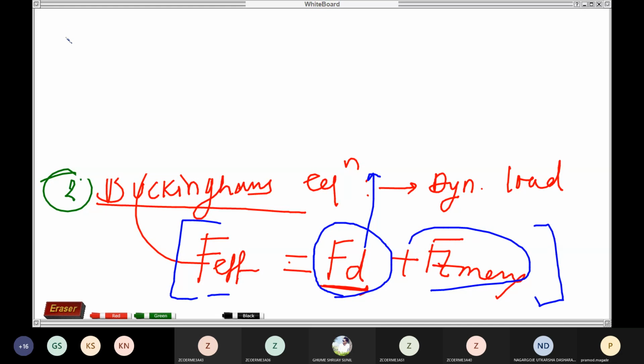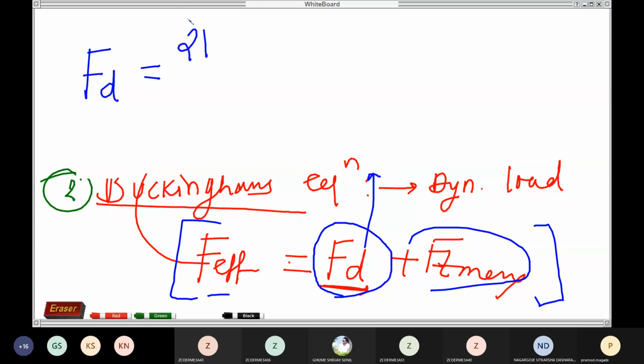Now, as per Buckingham's suggestion, instead of the velocity factor, you can select from the chart. Instead of going to the chart, you will have to select the dynamic load which I have derived. So he has given the formulation, and the dynamic load he has given.